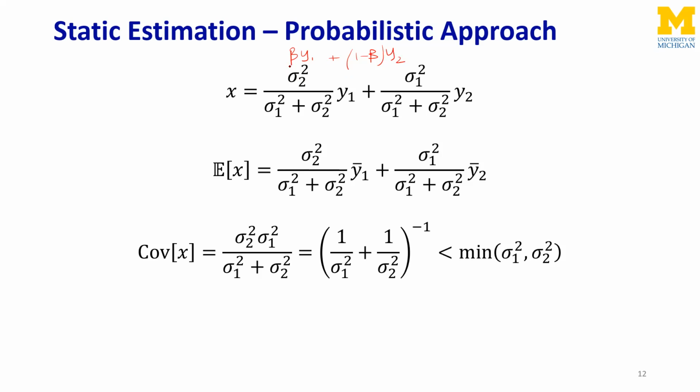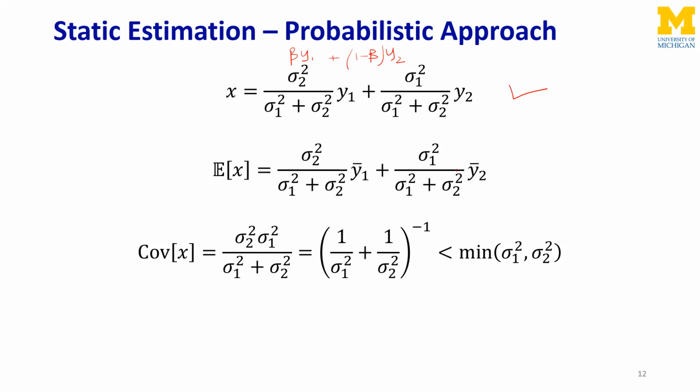And when I replace beta and 1 minus beta, I get this as the expression. And this is exactly the same expression that I got in the previous interpretation that we just talked about. And if we take the expected value of this expression, since these weights are constants, we simply get a convex sum of y1 bar and y2 bar.